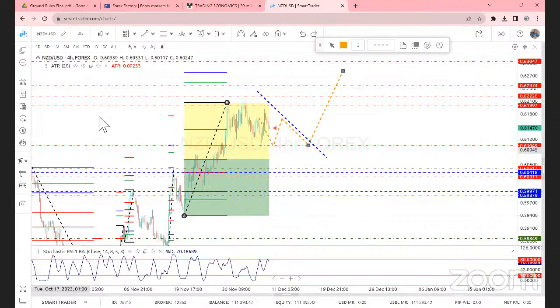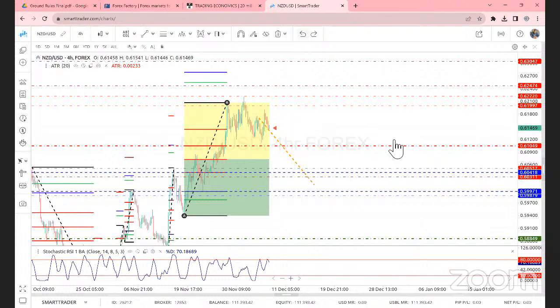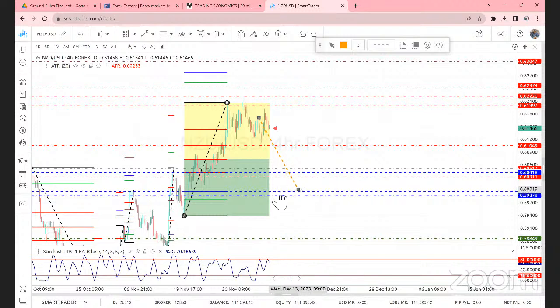But primarily, outside of that type of circumstance, if I'm trading with the trend, I want price to pull back.